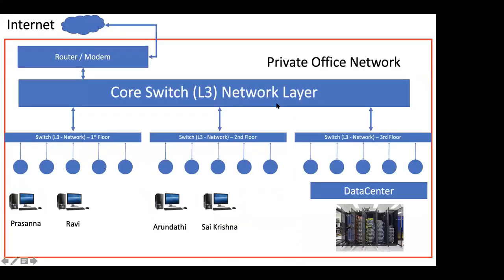In my private office network, I would care what sort of L3 switch I need to buy, and what sort of core switch, how much capacity the core switch is supposed to have depending on my number of users, what sort of racks, what sort of servers. Do I need to buy a Dell server? Do I need to buy an HP server?